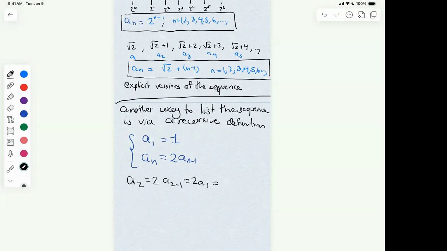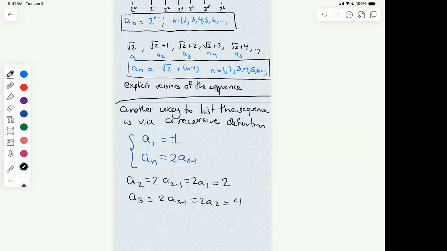That's where you initialize the sequence. So that gives you 2. What is A3? That gives you 2 times A of 3 minus 1, so it's 2 times A2, that's 4, right? And you see that you're generating the same elements as before. You're going to get 1, 2, 4, 8, 16, 32.